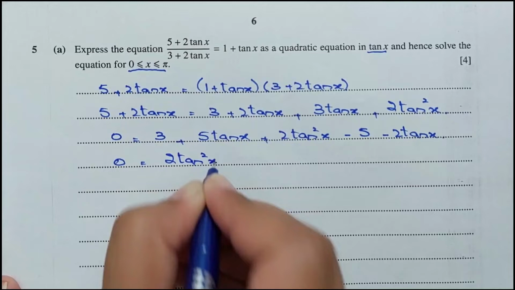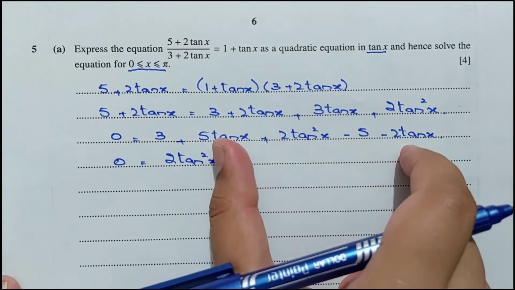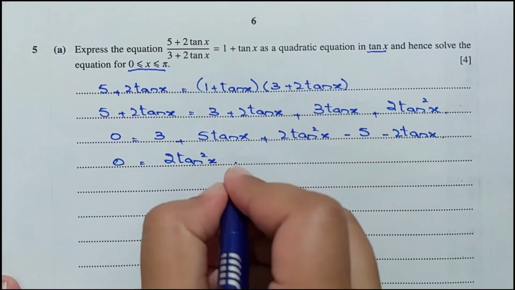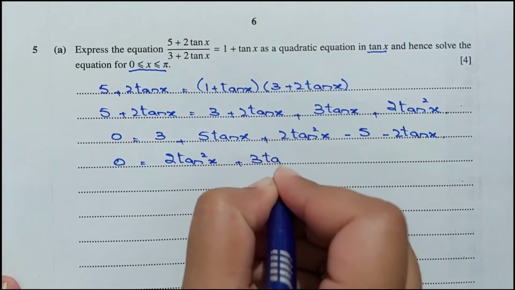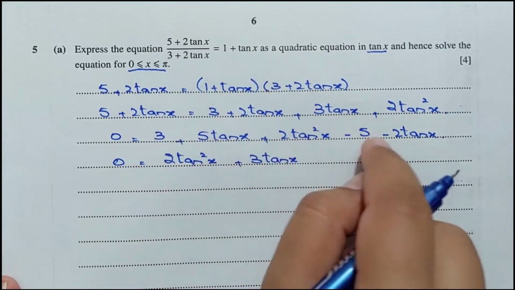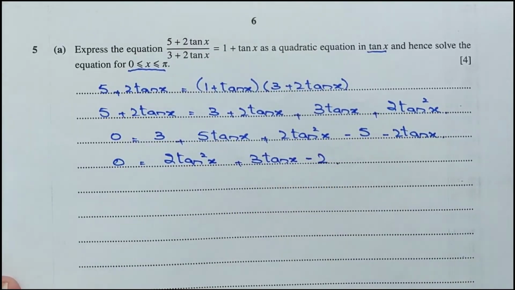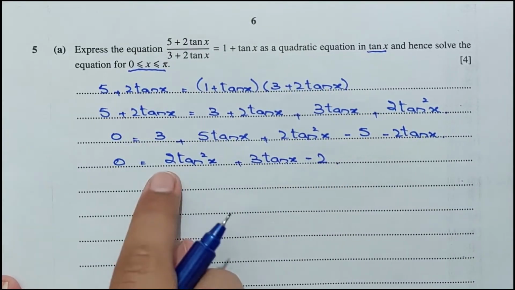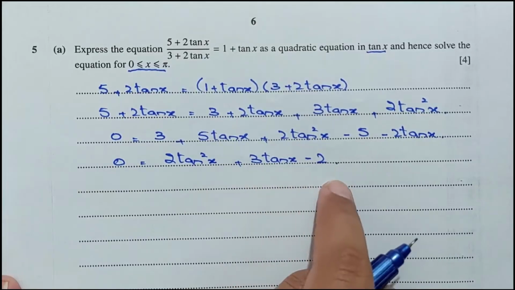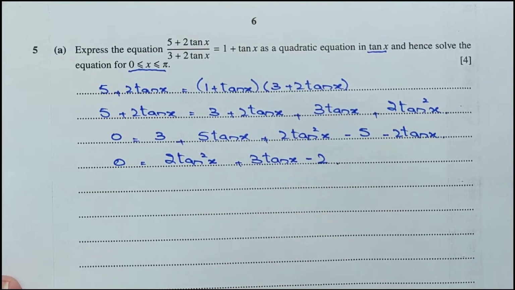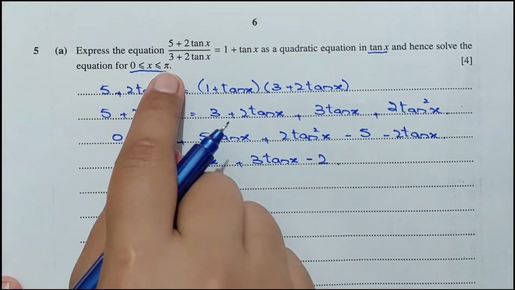Arranging the terms, first the square term, then the tan terms, 5 take away 2 would be 3 tan x, and 3 minus 5 is negative 2. This is a quadratic equation in tangent, which is 2 tan square of x plus 3 tan x minus 2. Now we have to solve this equation for x from 0 to pi.